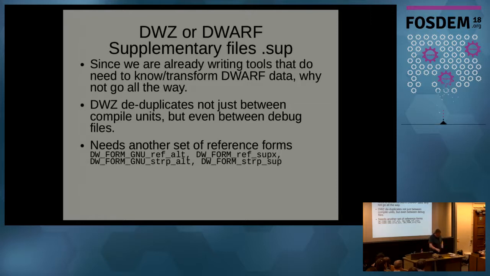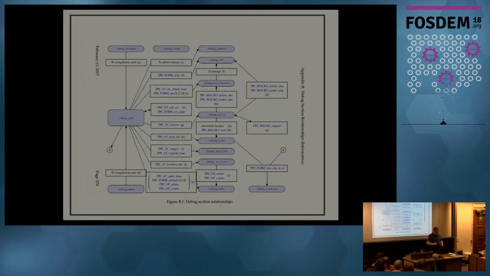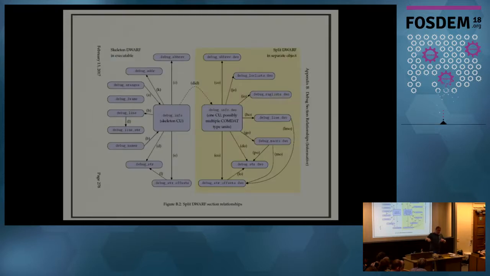So 5 minutes. I wanted to go into more detail, but the number of references between the various Dwarf data sections is kind of daunting, especially if you then combine it with split-dwarf.